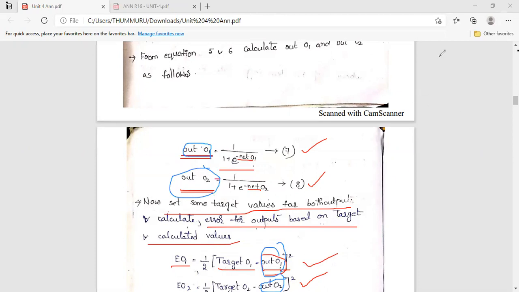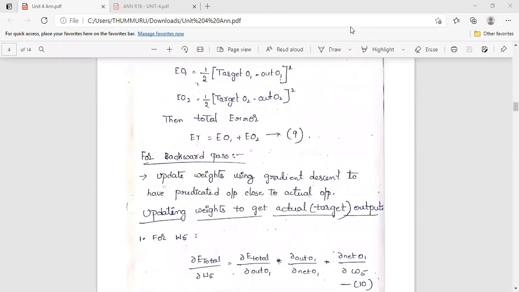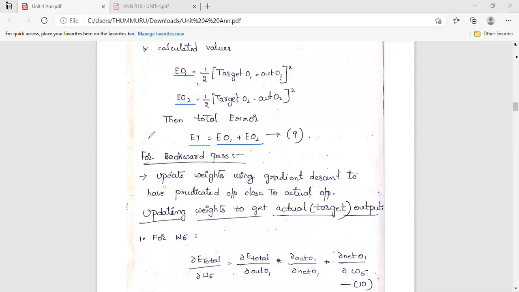So the total error of the network is ET, total error ET equal to this one plus this one, error at O1 plus error at O2.